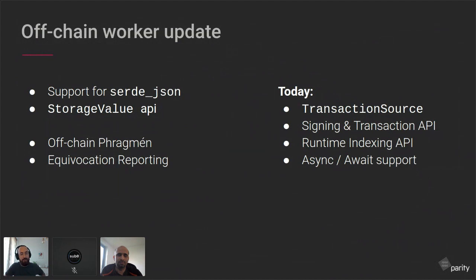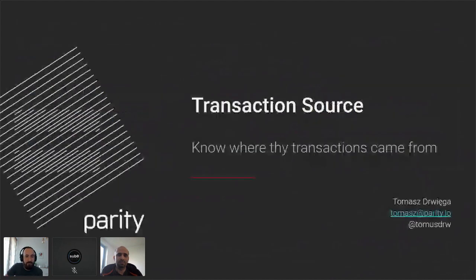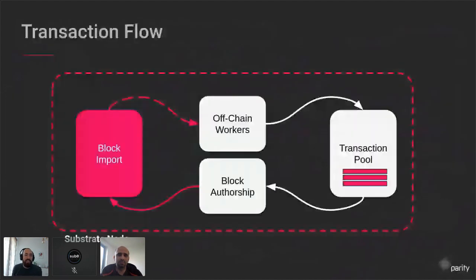Okay, transaction source. On this diagram, you can see how the transactions flow within the client if you are running a validator node. Most likely every block import is triggering Offchain workers, and most likely these Offchain workers are producing some transactions.